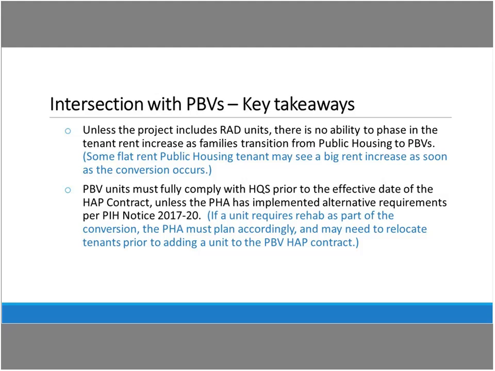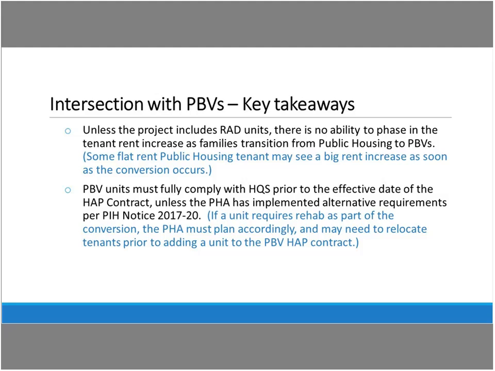PBV units must fully comply with housing quality standards prior to the effective date of the HAP contract, unless the housing authority is going to implement some of the alternative requirements. So the HQS inspection occurs prior to funding flowing to your building.